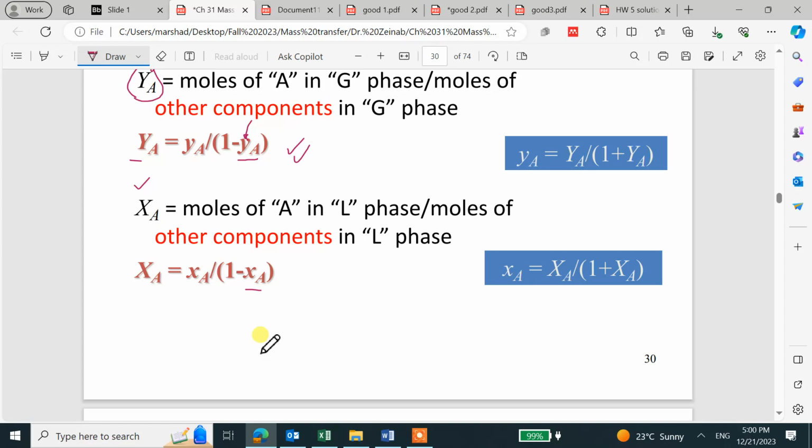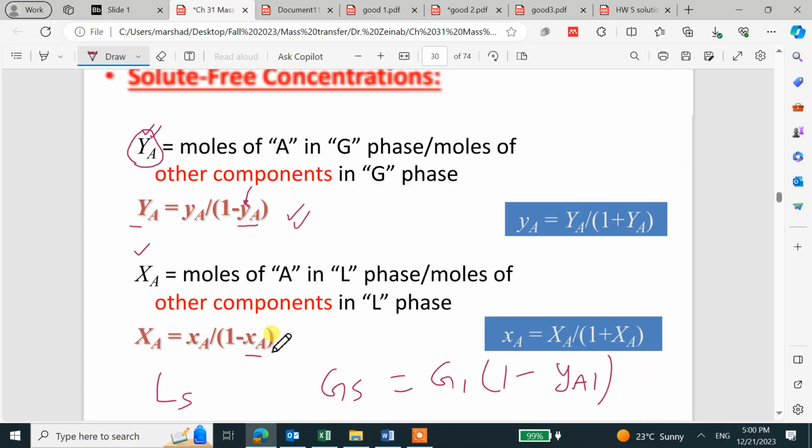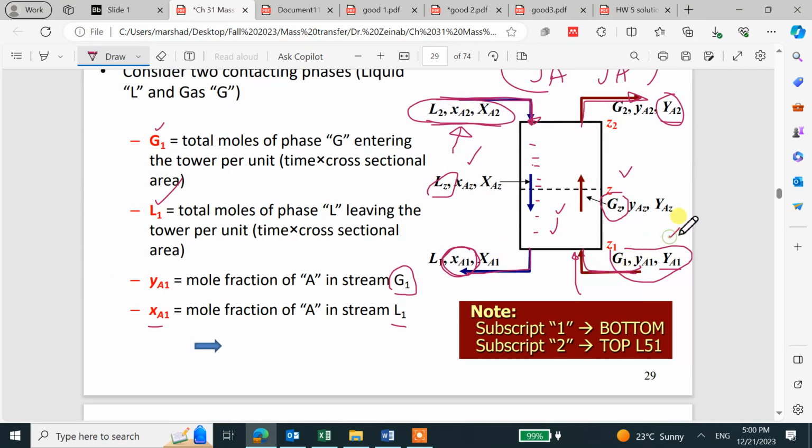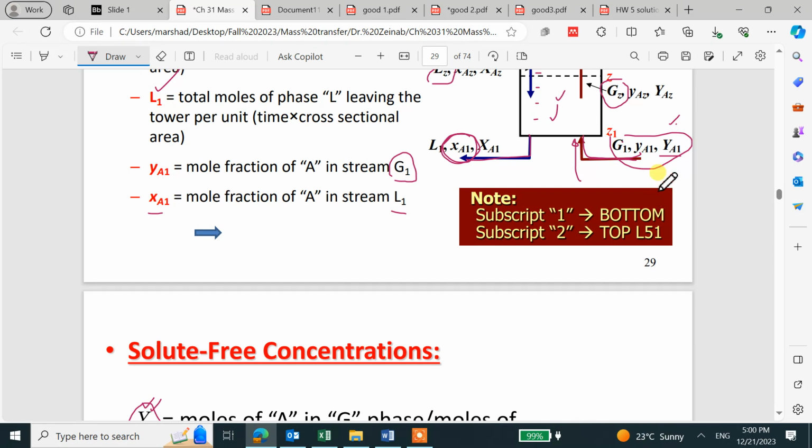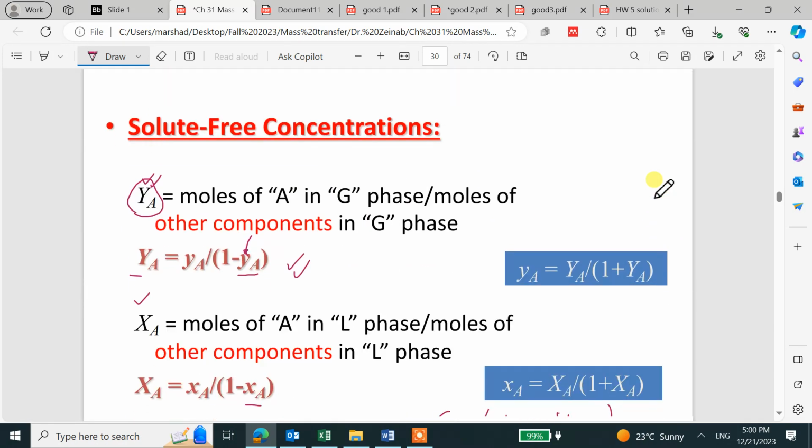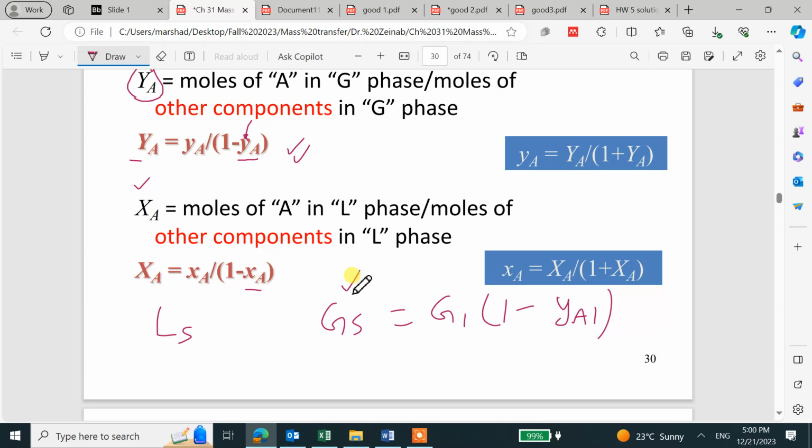Now we will also need LS and GS. GS is basically G1 times 1 minus ya1, where ya1 is the mole fraction here. That is, G1 minus the mole fraction of A. So GS is constant now.